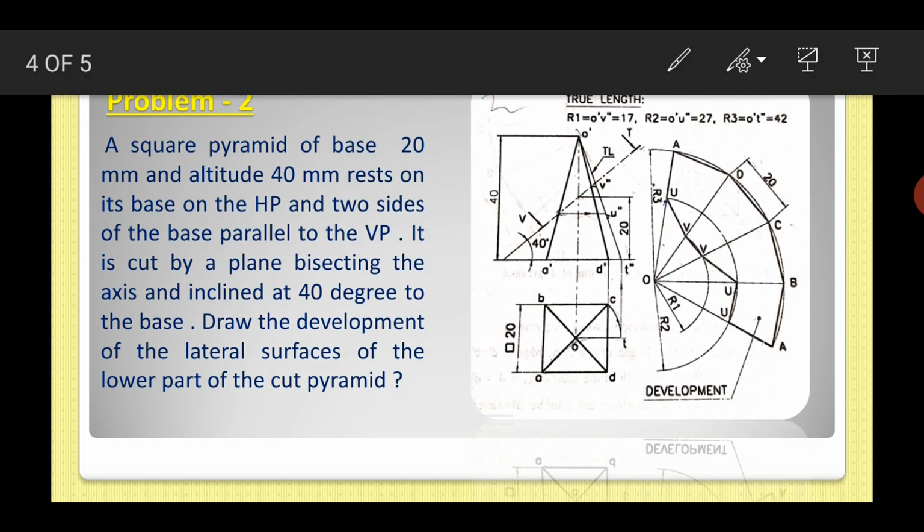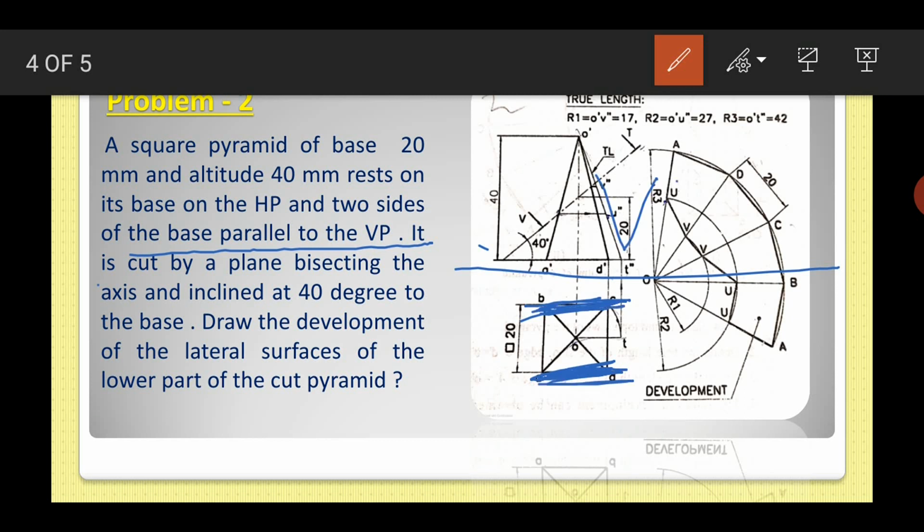Okay, so we'll read the question completely. 40 mm, rest on the HP, and two of the base is parallel to VP. So this is the base actually, a line going to VP. Two of the lines means this line and this line, two of the sides of the base are parallel to VP.